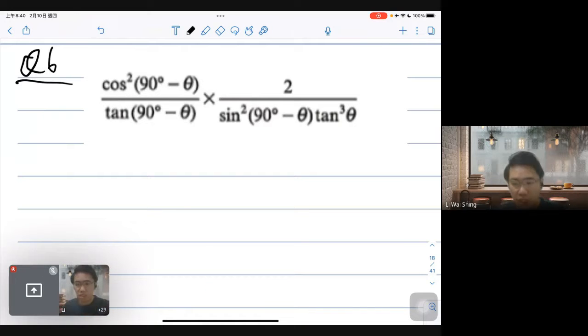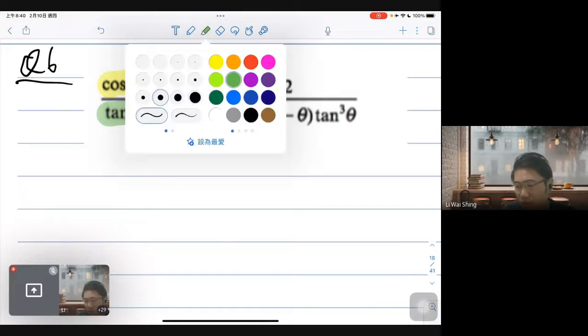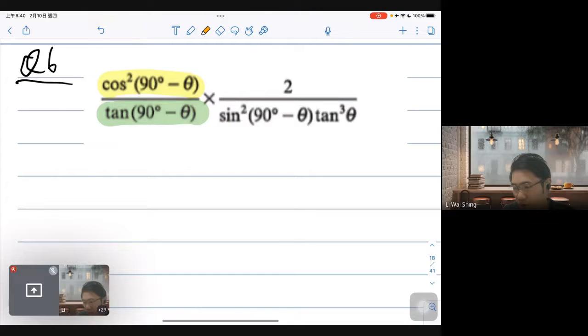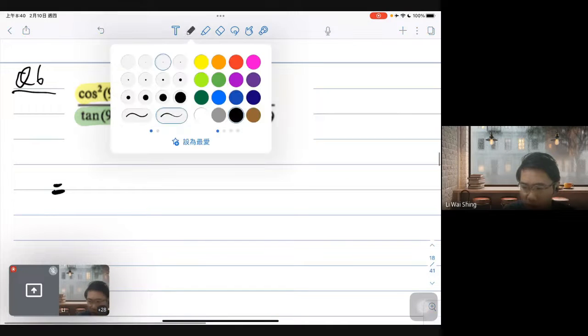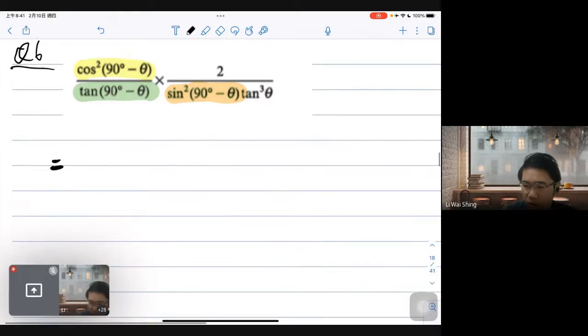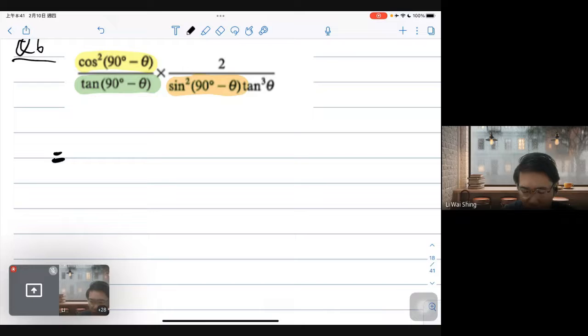Okay, in this question, you can see, you need to fix these 3 things first before you move on. So if you expand it first, you will have this result. For cosine square 90 degree minus theta, it turns into sine square theta.